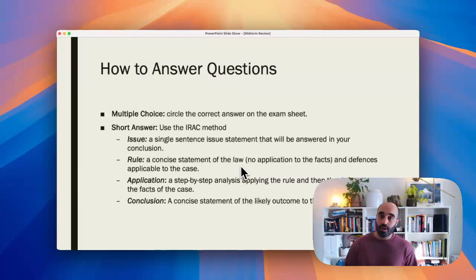The next part is to outline the rule, right? In the rule section, you're not applying anything yet to the case. Instead, all you are doing is you are setting out the legal doctrine or the rule that applies to answer your question. So if we stick with the example, is the defendant liable in negligence? The rule would be to succeed in negligence, you must show 4 things.